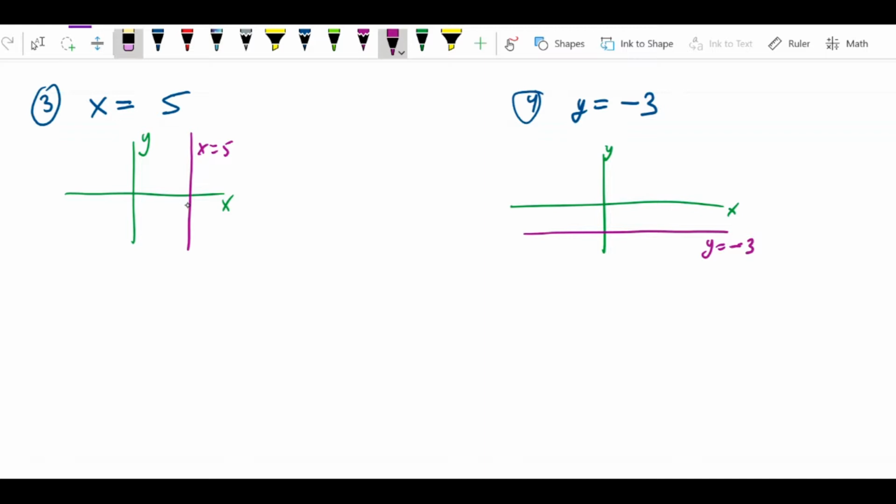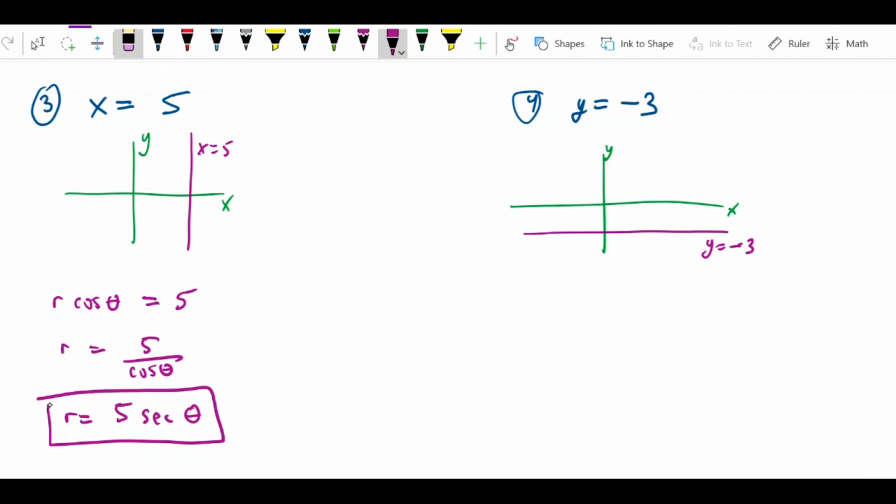Once again, we replace x with r cosine theta, and that is equal to 5. Constants just remain what they are, so we simply write r equals 5 over cosine theta, which usually simplifies as r equals 5 secant theta. So that's the equation of the line x equals 5.